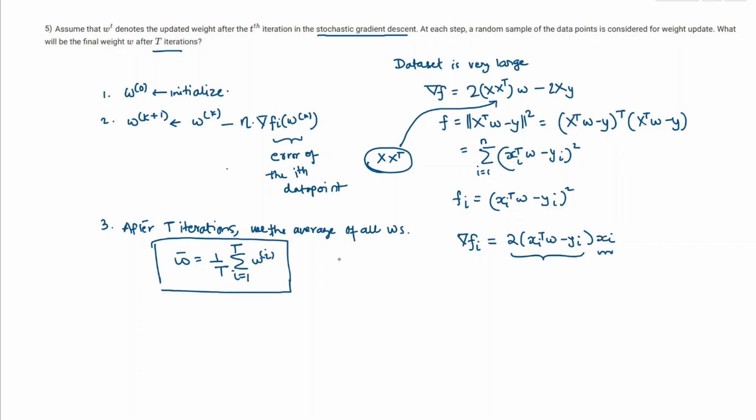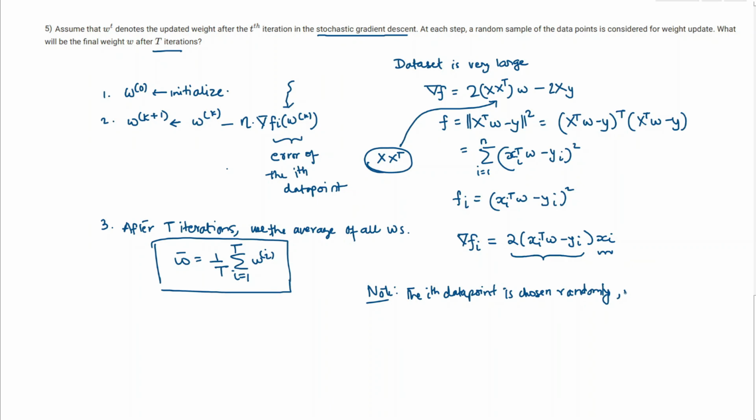And the data point i is chosen randomly, okay? So let me write that. Note, the ith data point is chosen randomly. In fact, it is chosen in such a way that each data point has an equal chance of getting chosen, right?